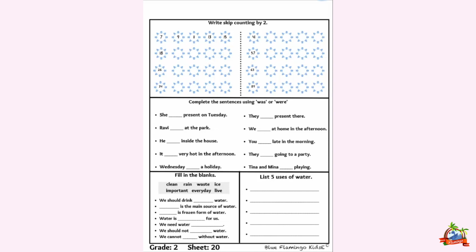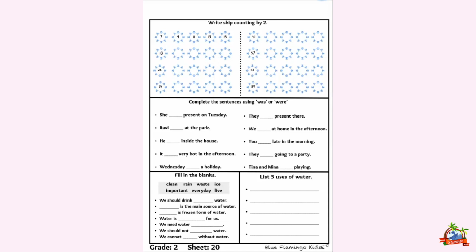Dash is the main source of water. Main source means where water comes from. What is the main source? Rain. Rain is the main source of water.